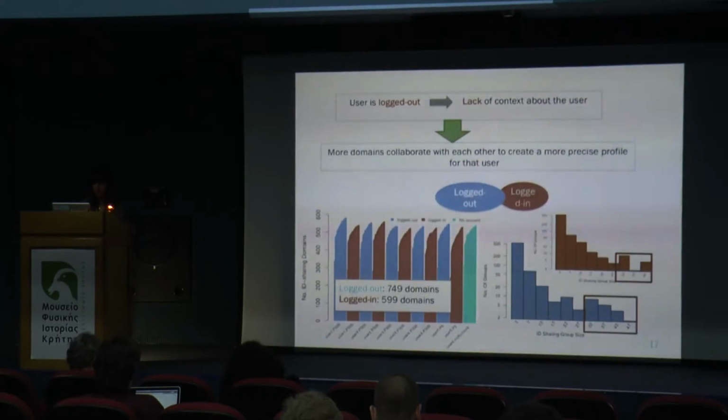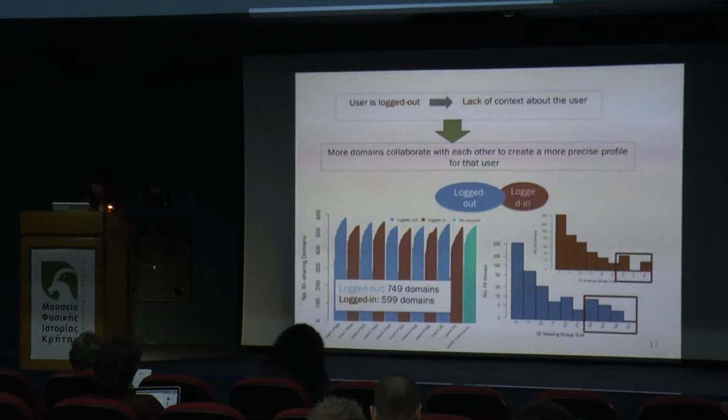Putting together our observations when the user is logged out and logged in suggests that when the user is logged out, there are more domains collaborating with each other, probably because there is less information available about the user, and different parties are trying to collect more information to get a more precise profile of the user.